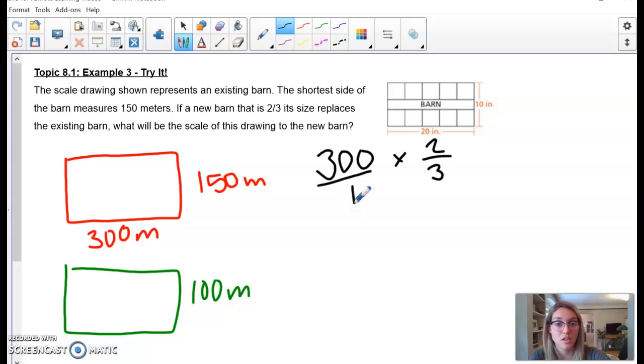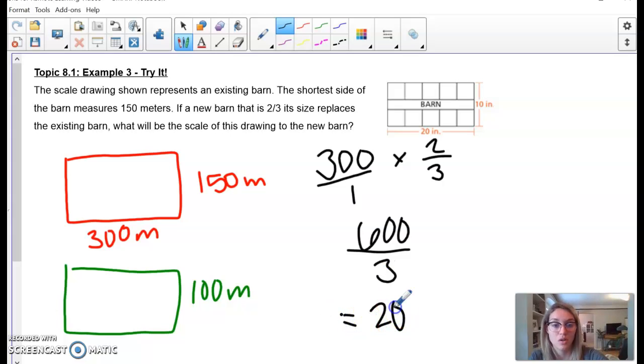I multiply straight across. 300 times 2 is 600. 1 times 3 is 3. 600 divided by 3 is going to be equal to 200. So I know that this length is 200 meters.